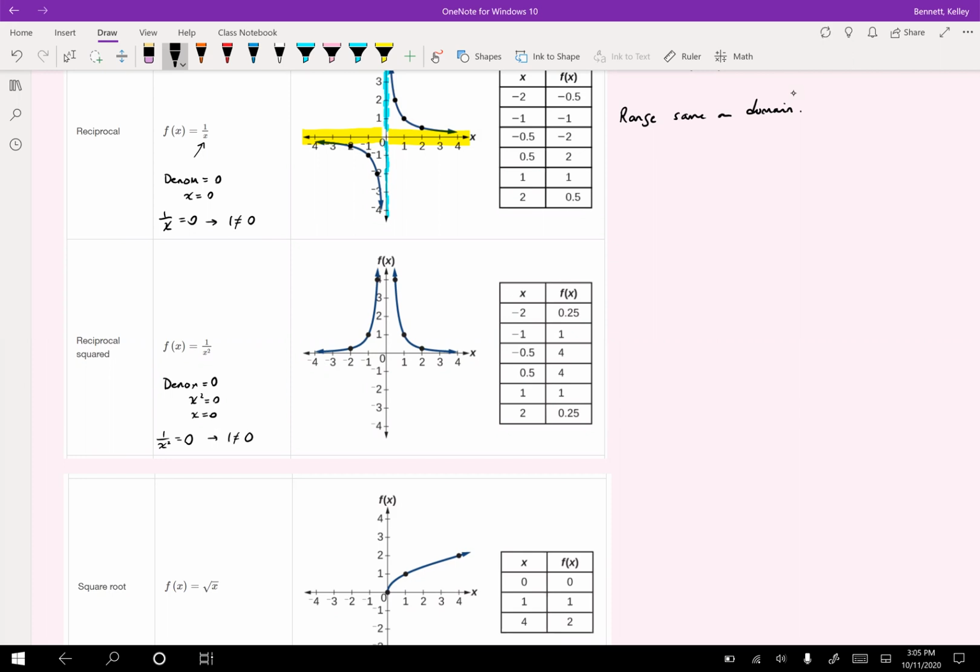So this is never going to have a 0 height. It stops just shy. And the domain is everything but 0. So this is going to be the same as the example we just did here.